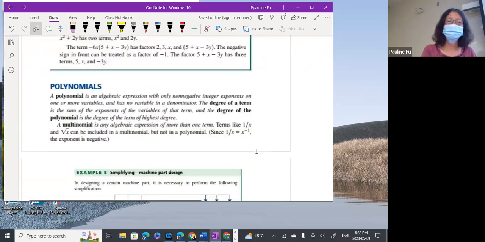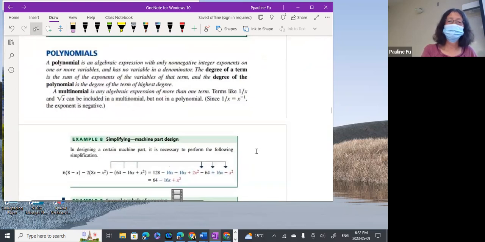Okay. Next is polynomials. A polynomial is an algebraic expression with only non-negative integer exponents on one or more variables.